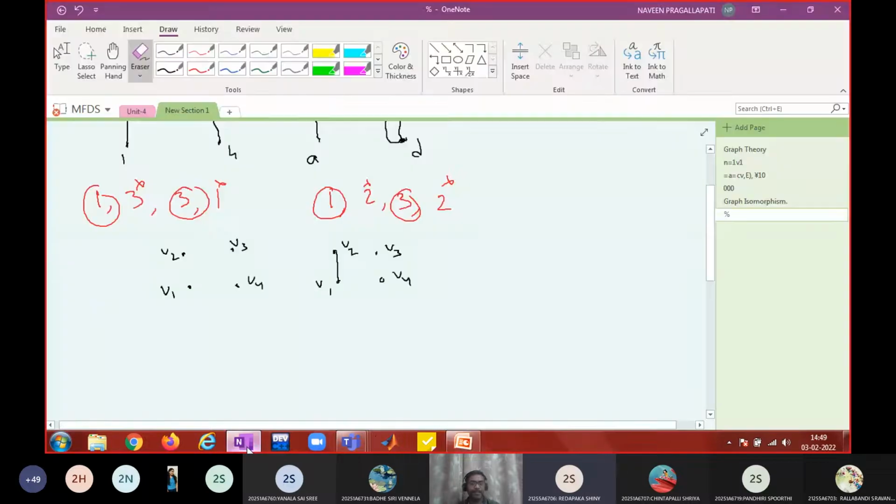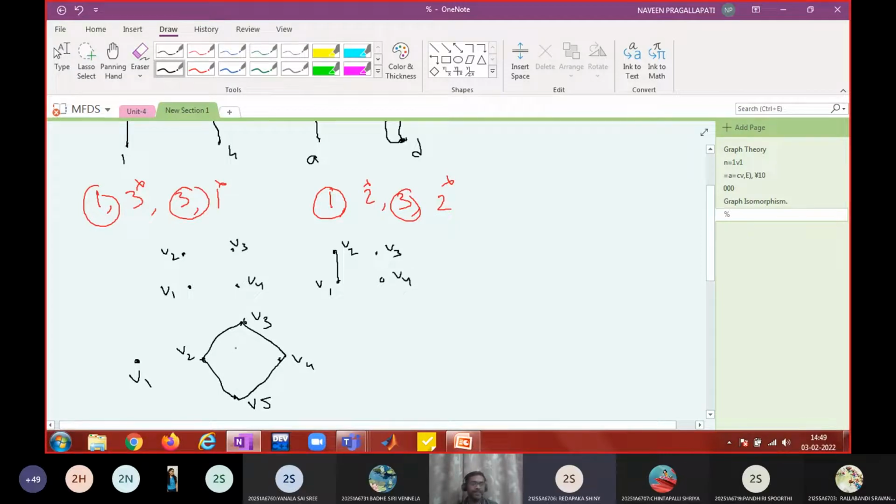What is an example? Let us say like this. V1, V2, V3, V4, V5. So my graph contains 5 vertices.